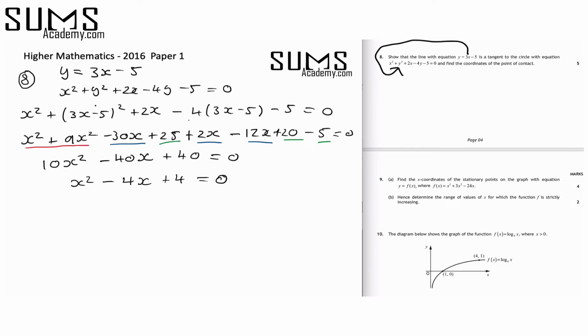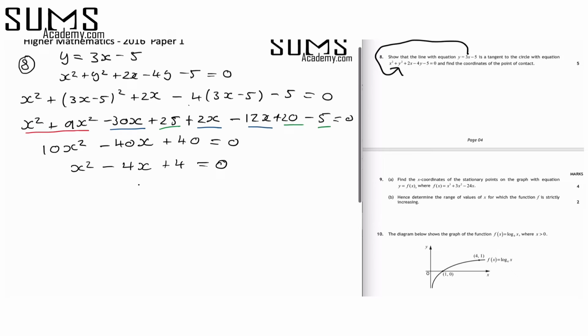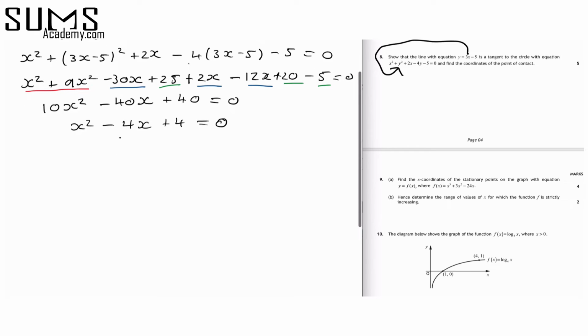Okay, so what we need to do here is, looking at this, can we show that this is going to be the tangent? You could use the discriminant, but for this example it's going to be more straightforward just to factorize it, and you'll see why in a second. So we're going to try and find the roots of this equation.